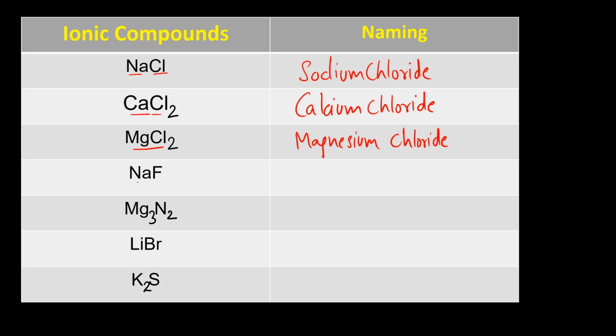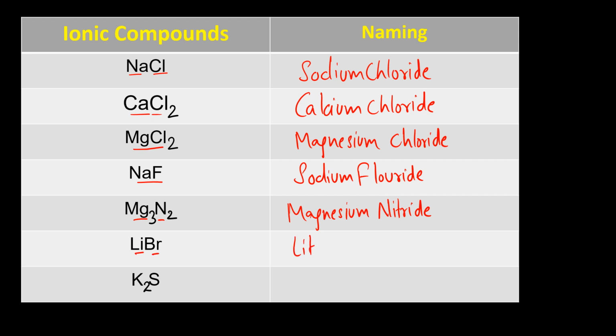Similarly, we can see here sodium and fluorine, so how can we write this compound? The name of this compound is going to be sodium fluoride. Next we have a compound of magnesium and nitrogen, so it's going to be written as magnesium nitride. And the next compound we have is lithium with bromine, so it's going to be written as lithium bromide.